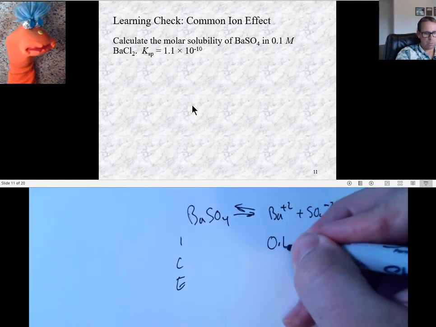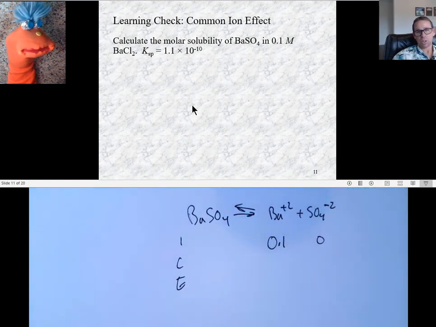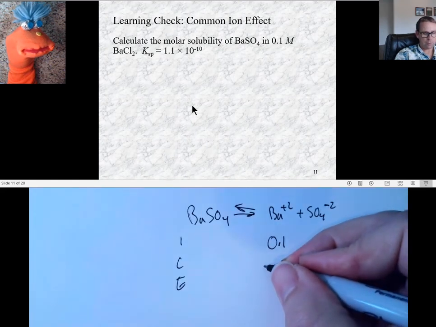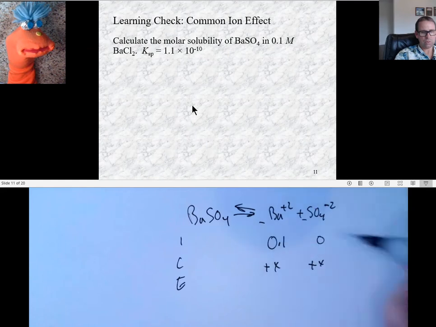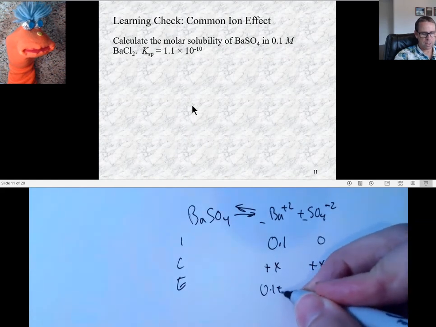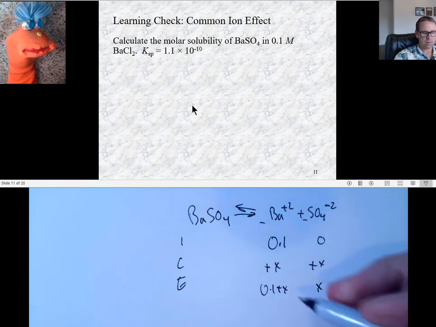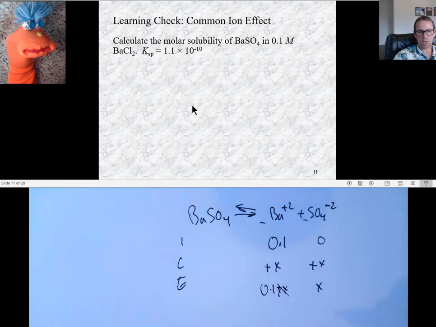Very good. So 0.1 molar is the initial concentration of barium, no sulfate. So we are going to have X and X. There's no stoichiometry, just 1, right? So it's X and X there. So this is 0.1 plus X. This is just X. This plus X can be dropped there.